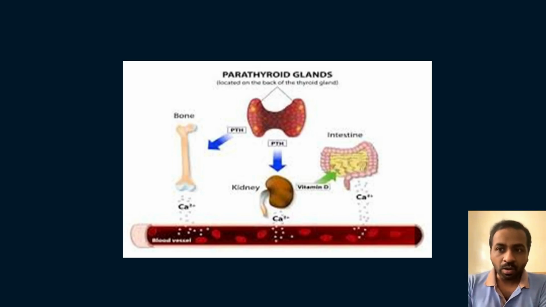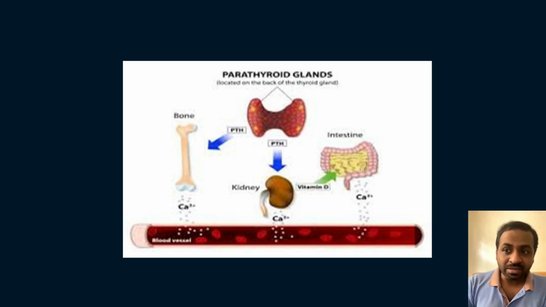It will take calcium from the bones, and it will be taken up into the blood, and thus the serum calcium will be increased. More calcium will be absorbed from the tubules of the kidney, and thus the calcium level will be increased.